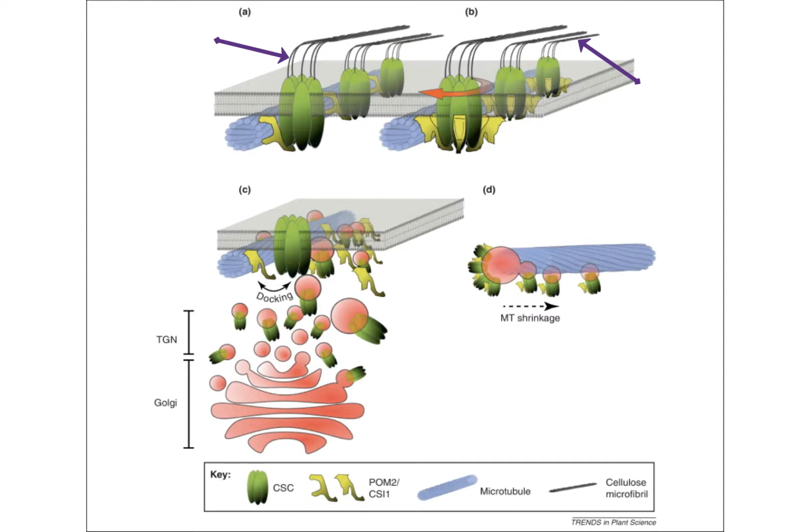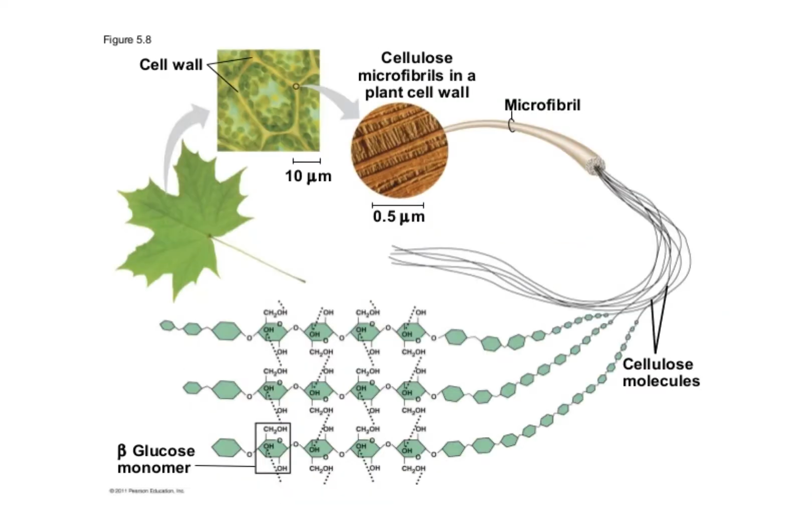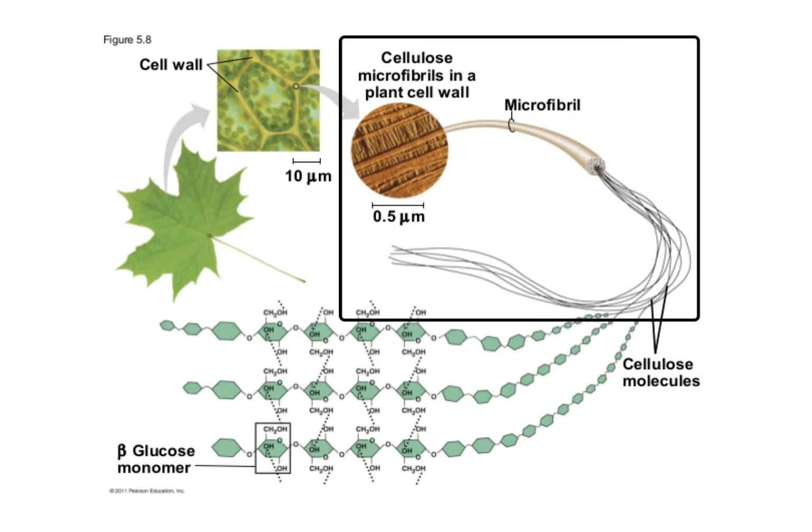So these are actually traversing or moving along the microtubule, and as they're doing that, they're extruding this cellulose material, thus forming those long strands of cellulose all in one direction at a time. So this is cellulose here, these long fibers within the cell wall.